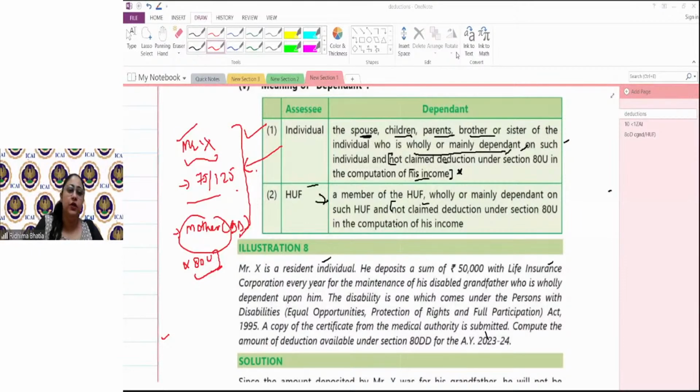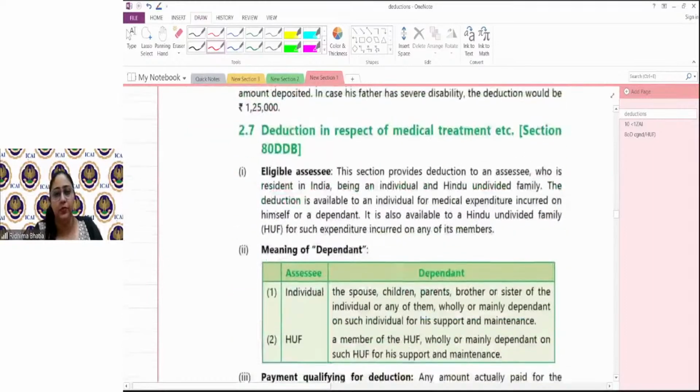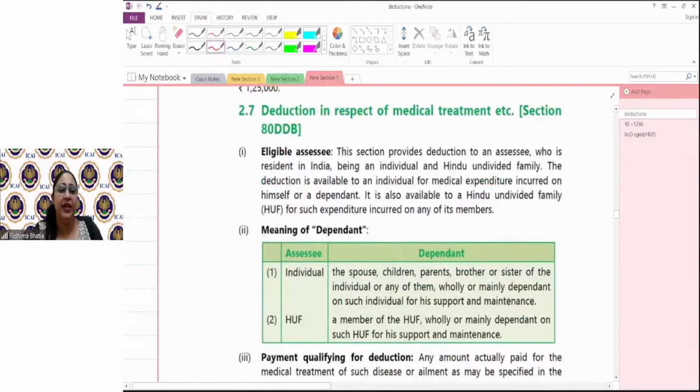Okay, so 80U is also clear, 80DD is also clear. Now that condition of 80DD is also clear. The next section which we are now proceeding to is section 80DDB. Deduction in respect of medical treatment.